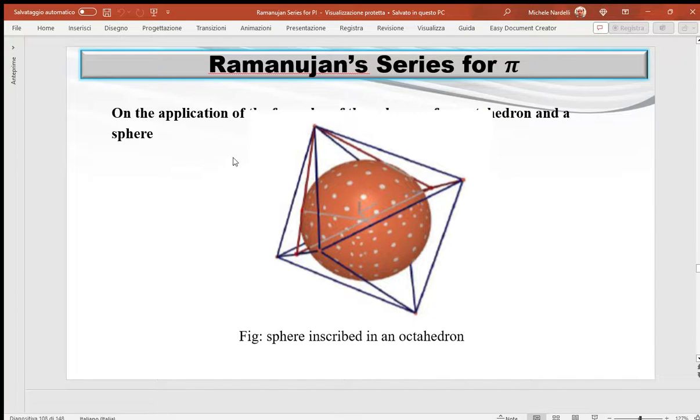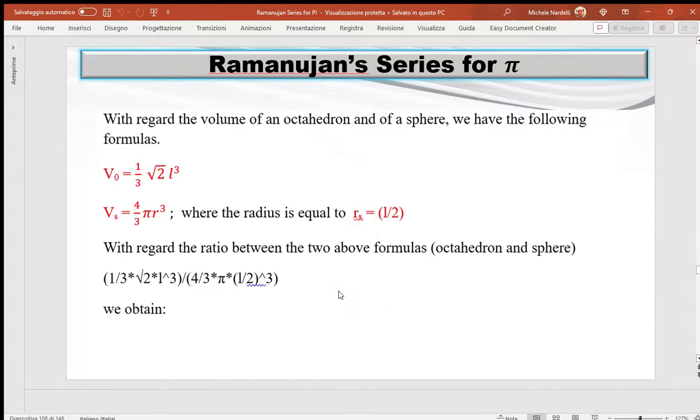Now we have the application of the octahedron and the sphere. Practically a sphere inscribed in an octahedron.